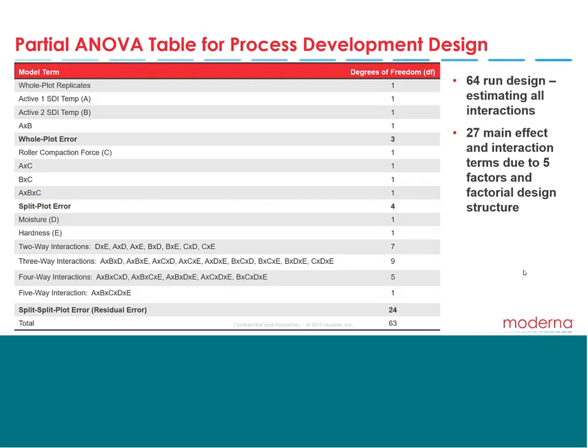So let's just quickly look at the ANOVA table for this setup to see what this looks like. It's much more complicated than the historical examples that I showed, and this mainly comes from the fact that we're now looking at 5 factors, and a lot of the interactions between those, and the fact that they have factorial structure in the whole plot and the split plot.